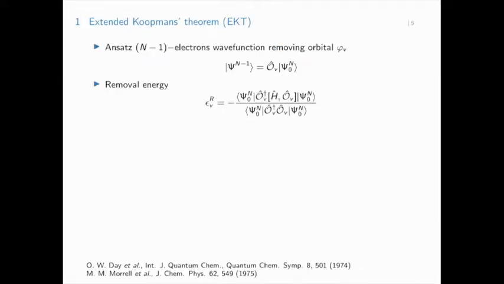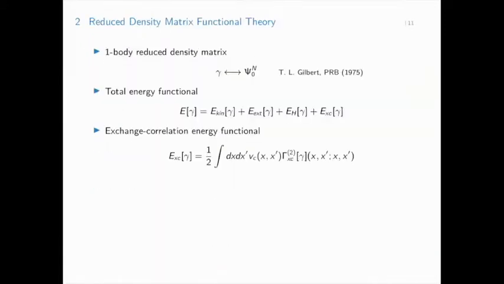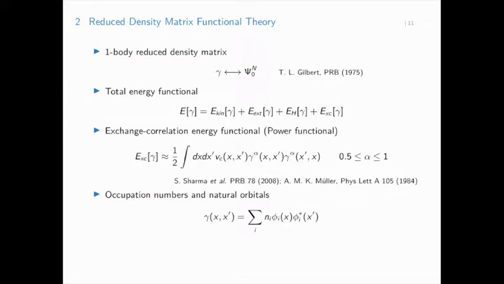Okay, so it comes simply when you have to minimize your functional. When you minimize your total energy functional, you have to impose that during the minimization your one-body reduced density matrix corresponds to the wave function of an electron system. Basically, you translate these representability conditions in terms of occupation numbers and also natural orbitals.